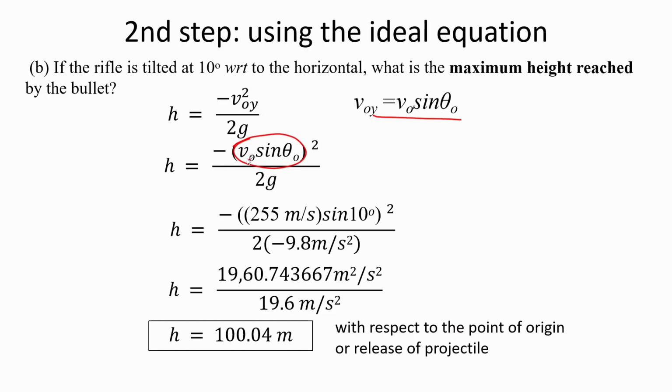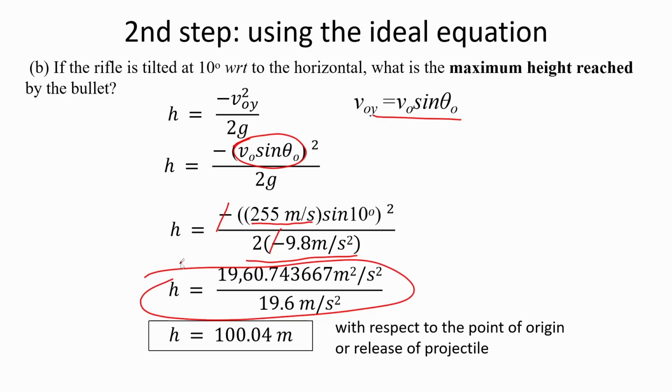Given the initial velocity v naught of 255 meters per second and the angle of 10 degrees, so sine 10 degrees. Again, do not forget to change the mode of your calculator to degrees, divided by 2 times negative 9.8. Okay, so the negative cancels out and you are left with this expression here.